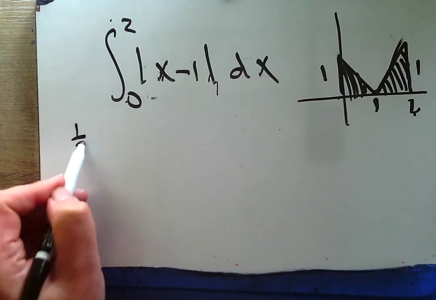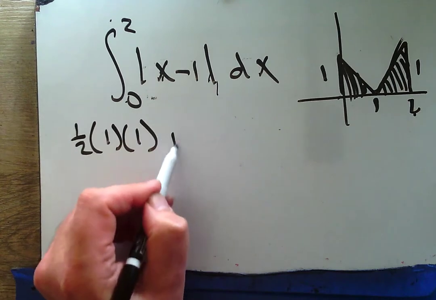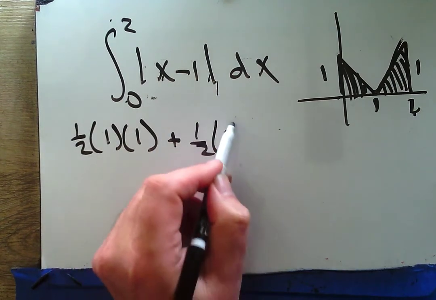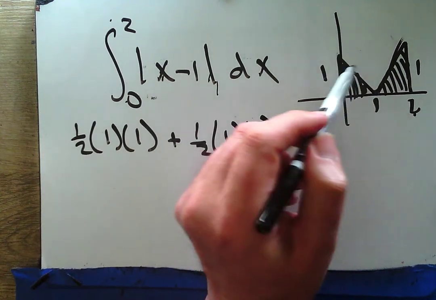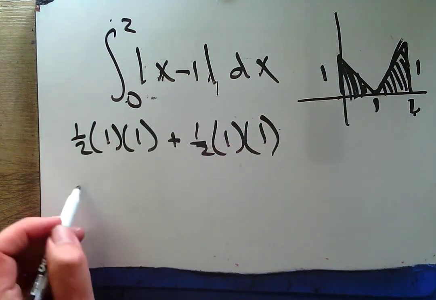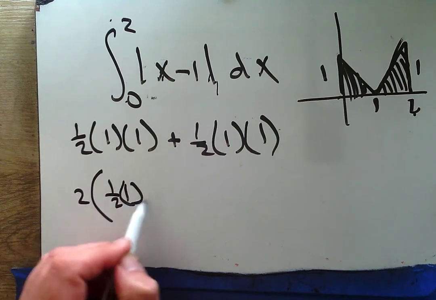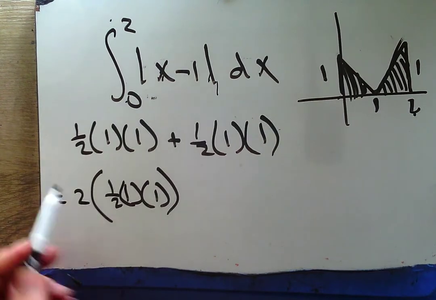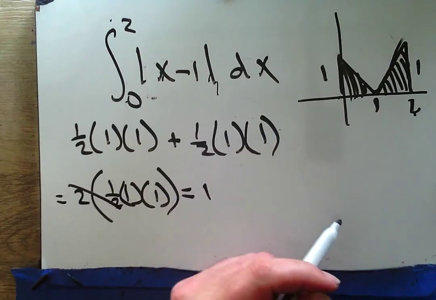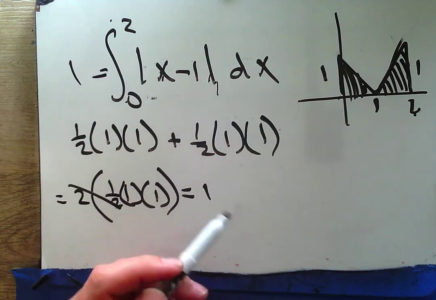So I could do 1/2 base times height plus 1/2 base times height. Or I could say, well, I think there's symmetry going on here. I've got 2 times 1/2 base times height. And so those will cancel, and I'll get an area of 1. The value of this integral is 1.